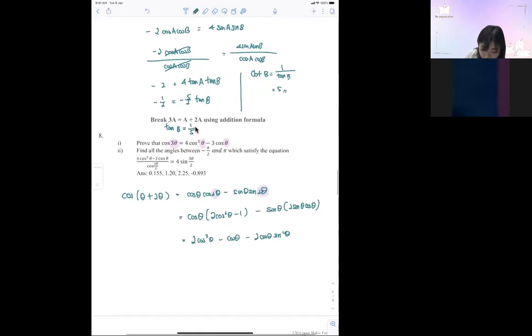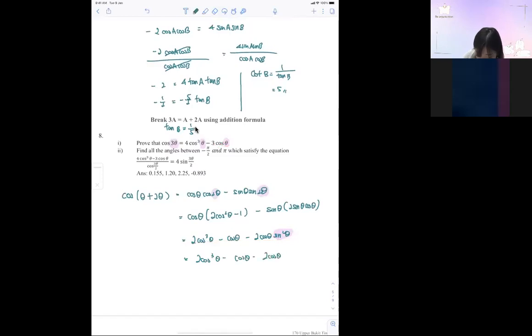So not done yet. There's still another sine squared here, right? We need to change everything to cosine. How to change sine squared to cosine? There's sine squared plus cosine squared equals 1. So sine squared is 1 minus cosine squared.